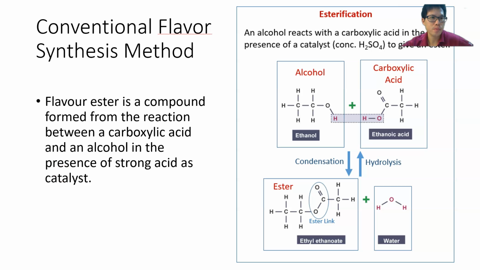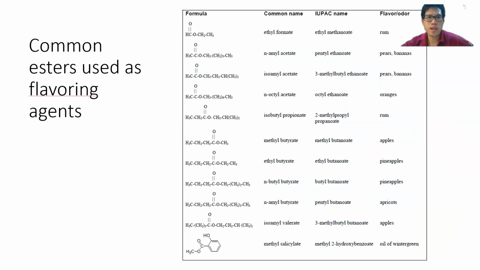You can see from here some of the common esters used as flavoring agents. For example, you have ethyl methanoate, which is the rum flavor. This is the ester molecule.